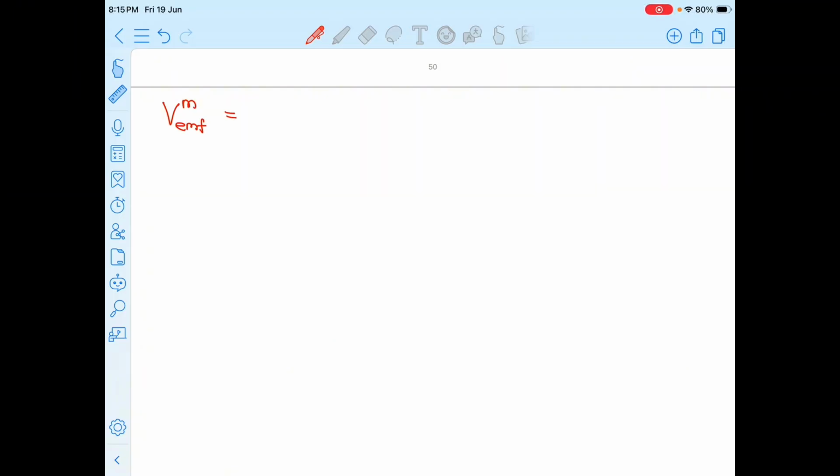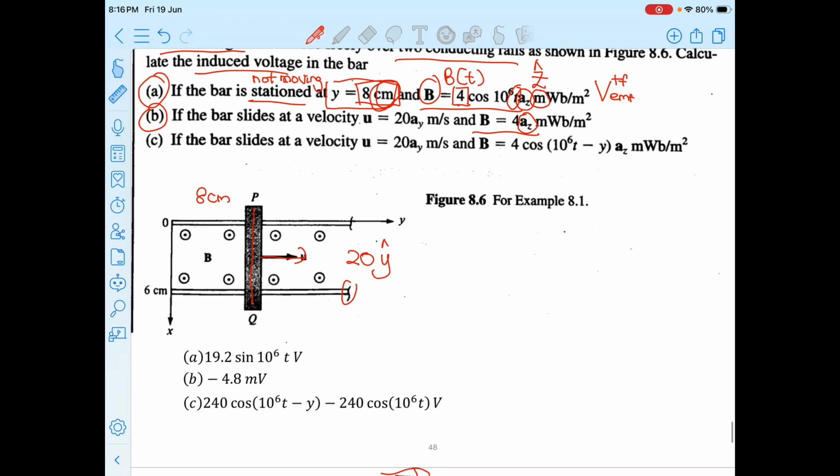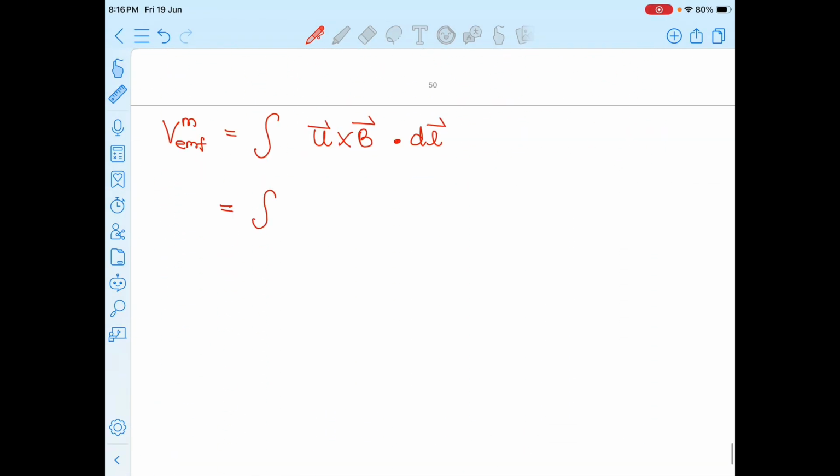For motional EMF, the formula is the integral of u cross B dot dl. So what is our u? According to the question, u is 20 in the y direction.